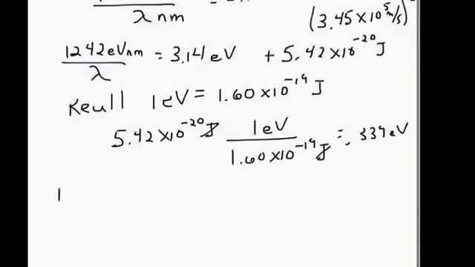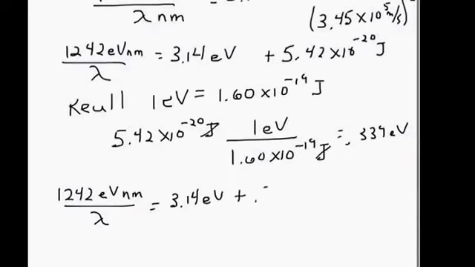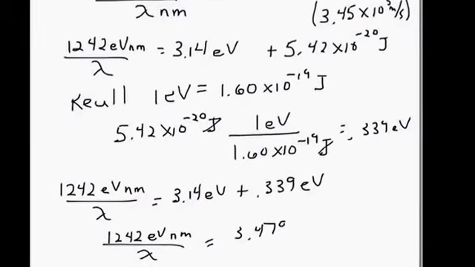Putting that back into our equation, we have 1,242 electron volt nanometers over our lambda equals 3.14 electron volts for our work, plus 0.339 electron volts from our kinetic energy. Combining those on the right-hand side, I get 1,242 eV nanometers over lambda equals 3.479 eV.